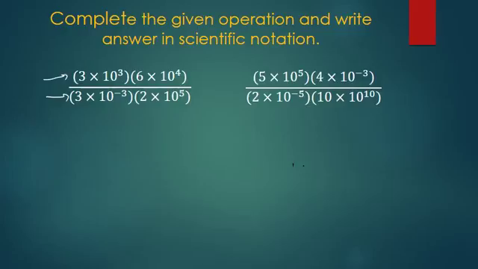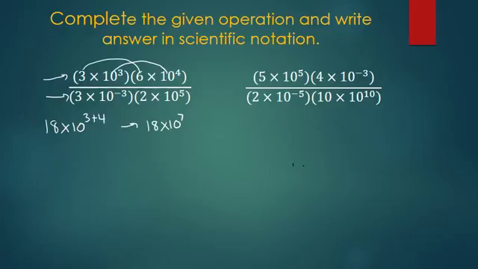So to combine, I use the product property. So it's 3 times 6 is 18, times 10, and then again I have times 10 to the negative 3 and 10 to the 4. So I add my exponents because it's the product property. So my final answer for this part, for the numerator, is 18 times 10 to the 7.